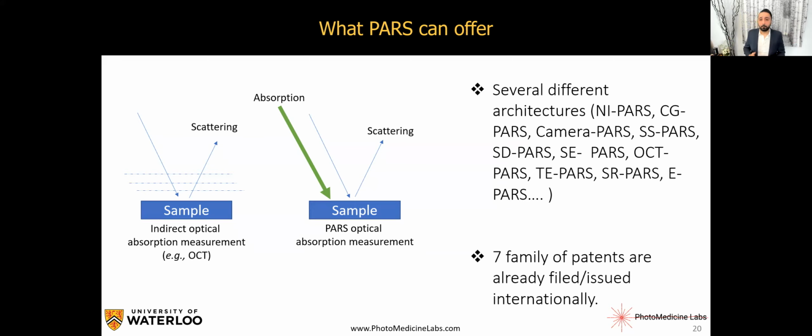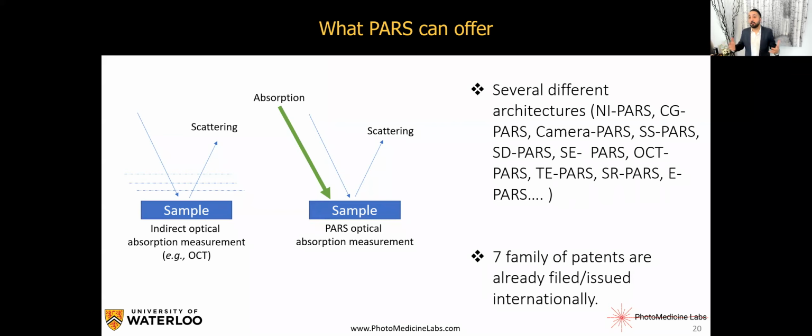So what I explained today is a very shallow overview. We have several different architectures. We have non-interferometric PARS and interferometric PARS. We can use a camera to detect PARS signals instead of a photodiode. We have coherence-gated photoacoustic remote sensing, which gives us depth information.